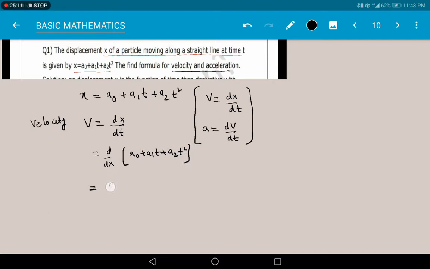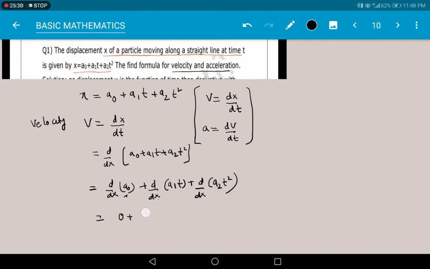So d by dt of a naught, d by dt of a1 into t, plus d by dt of a2 t square. So this is constant, 0.